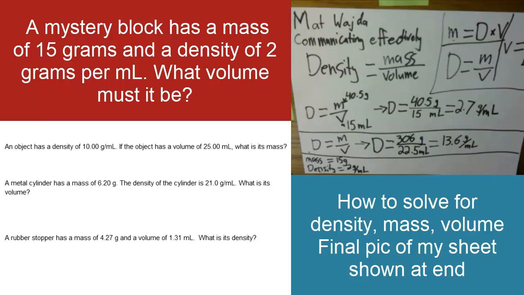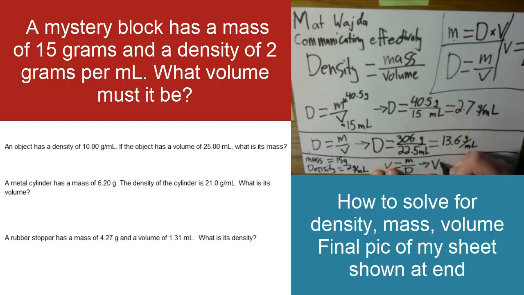So out of the 3 versions of the formula there, we need to find the one that's solving for volume. So we need this one right here. Volume equals mass over density. Okay, so that would mean, if you take a look at the numbers you got here, your mass is 15 grams.